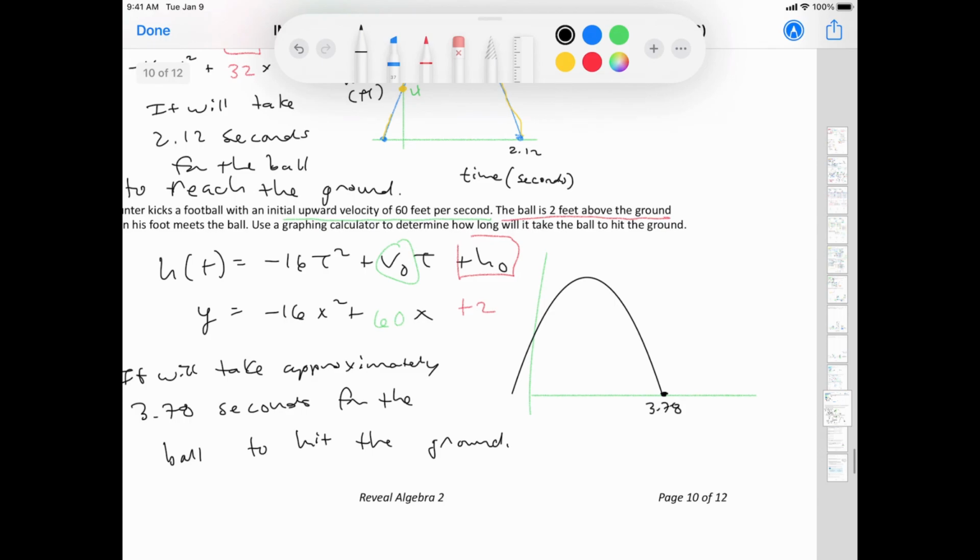Okay, so initial height of 2. This value over here is not important because time cannot go negative. Time is measured in seconds. And this one over here on the y-axis, which we ran out of space for, is our height measured in feet.